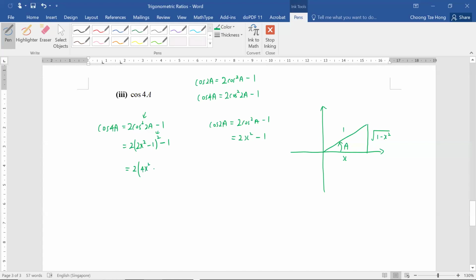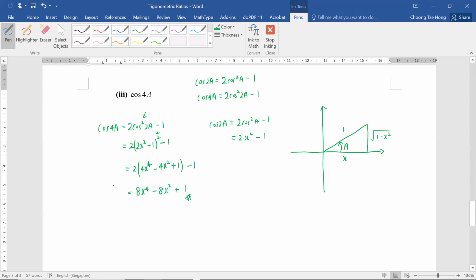So 4x to the 4, minus 4x squared plus 1, minus 1. We'll get 8x to the 4 minus 8x squared plus 1. So this will be cosine 4a.